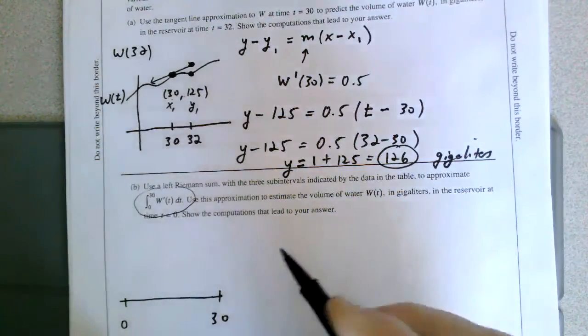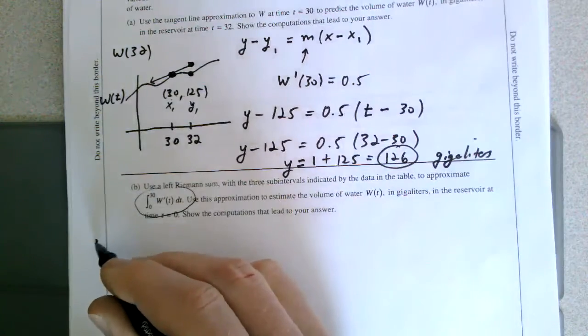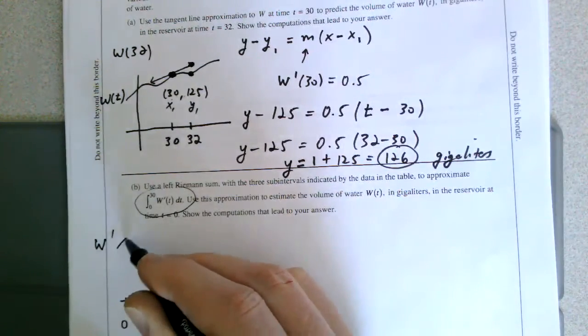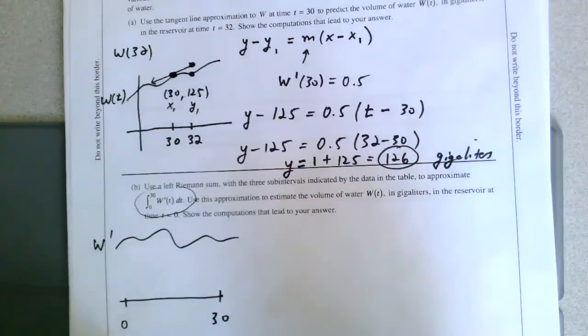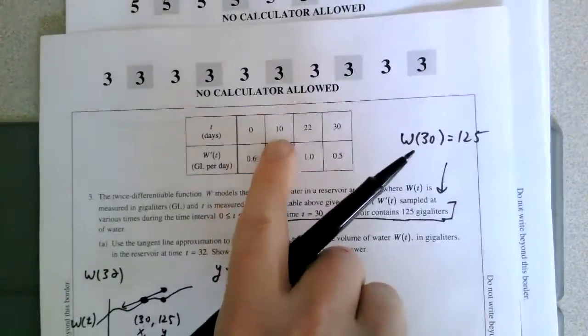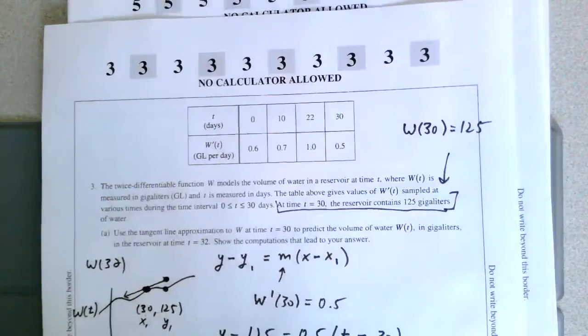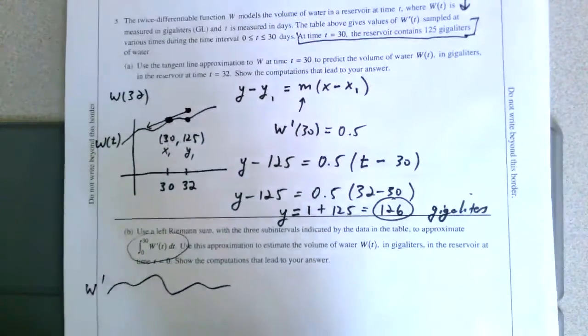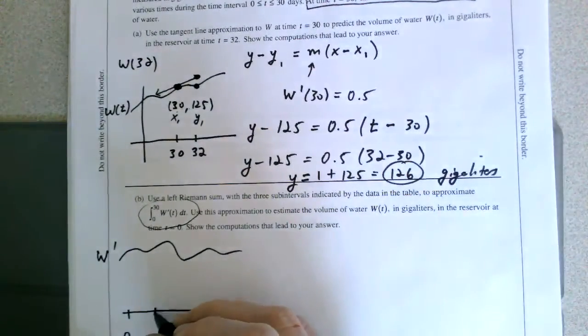Our interval goes from 0 to 30. We don't know what w prime looks like. Really, it's just some curve. But we have this table data, 0, 10, 22, 30. If you plot those values, you'll see that it creates 3 subintervals.